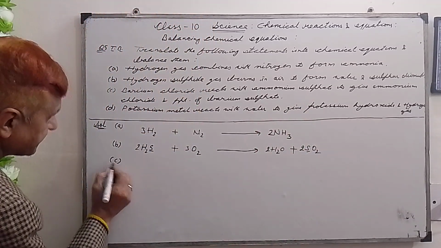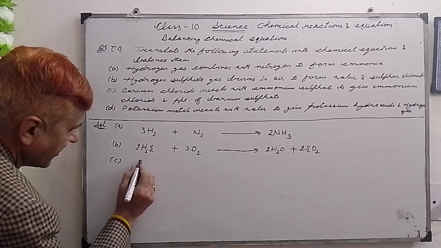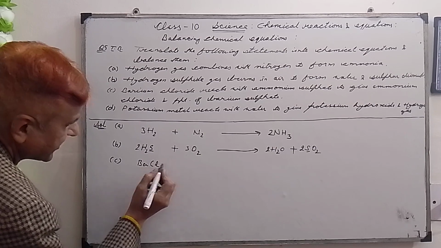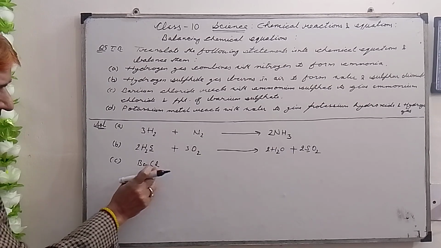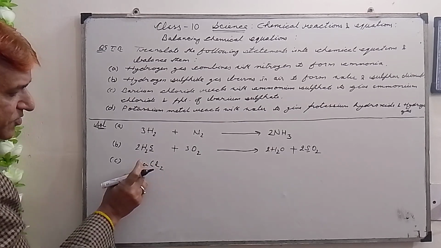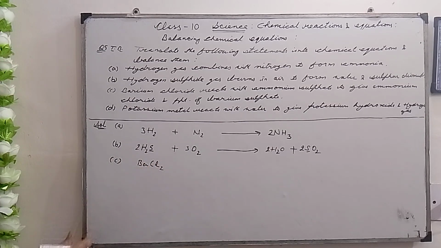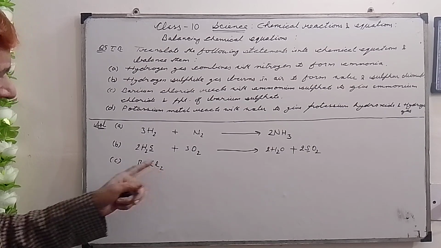C is barium chloride. So let's write the chemical formula. Chlorine valency is 1, barium 2, because barium lies in the group of magnesium. So the valency of magnesium is 2, so barium's valency will also be 2.